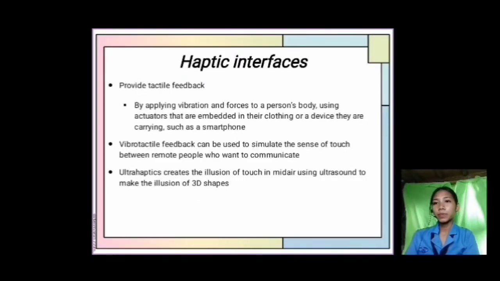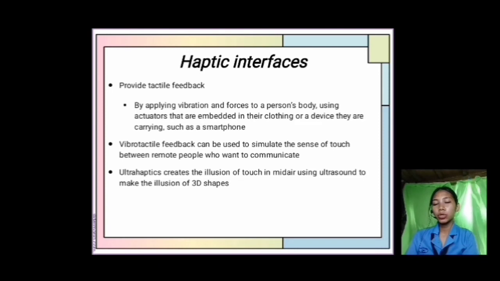Haptic interfaces provide tactile feedback by applying vibrations and forces to a person's body, using actuators that are embedded in their clothing or a device they are carrying, such as a smartphone. Vibrotactile feedback can be used to simulate the sense of touch between remote people who want to communicate.